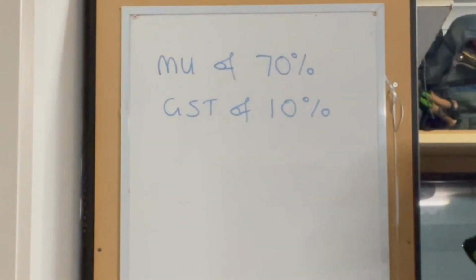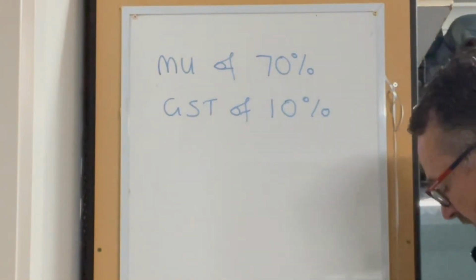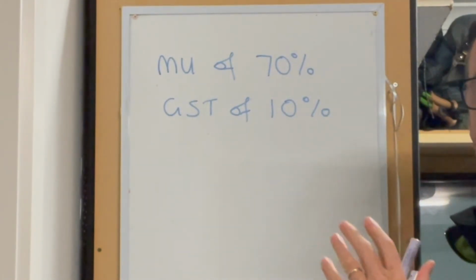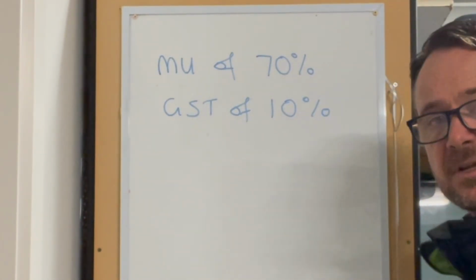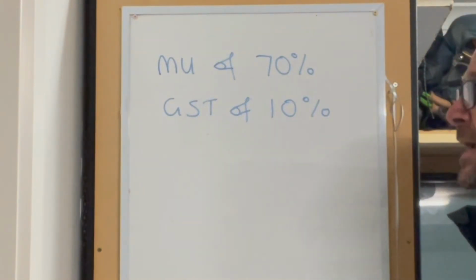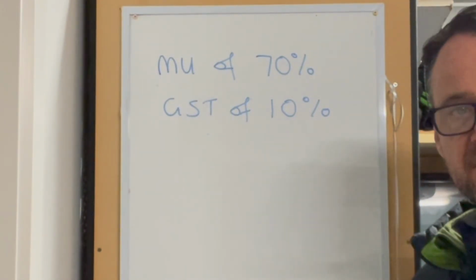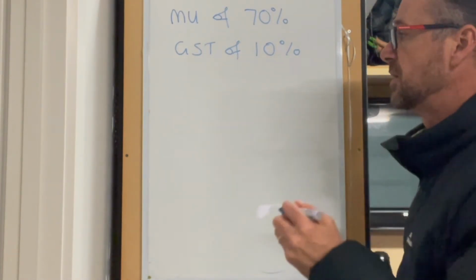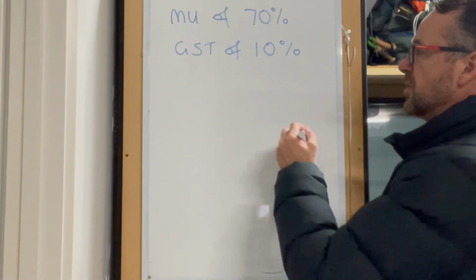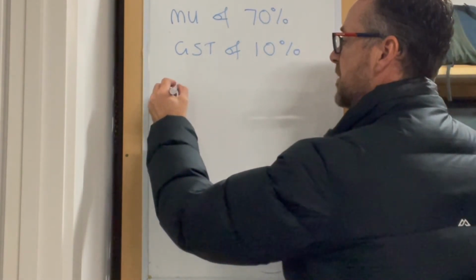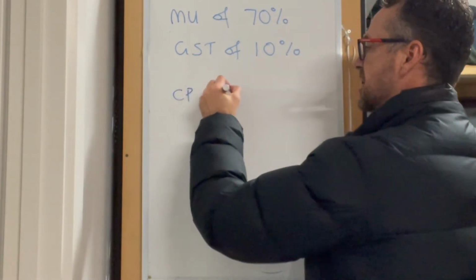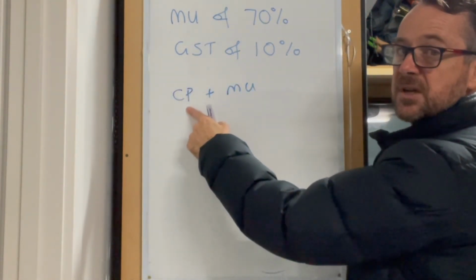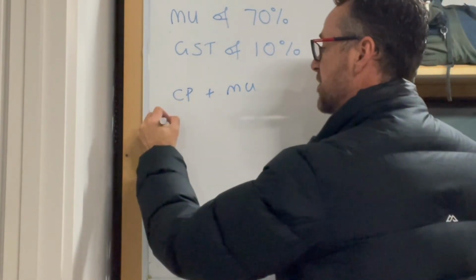Part D asks us to find the selling price of this outfit. And so what we need to consider for this are two factors. Firstly, what's the markup? So this is the profit that the seller is going to take. And then we need to add on to that GST. So here we can see that the markup's 70%. So the final price is going to be the cost price plus the markup. So the cost price is going to be 100%.